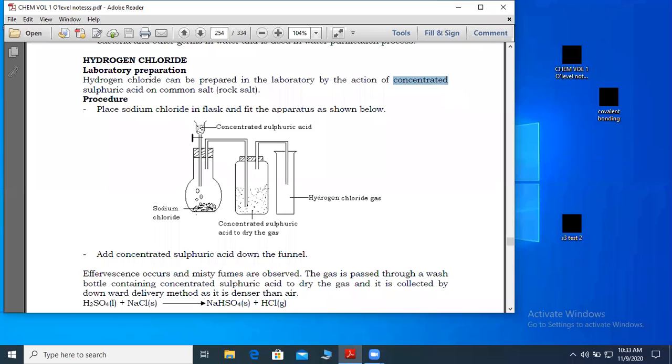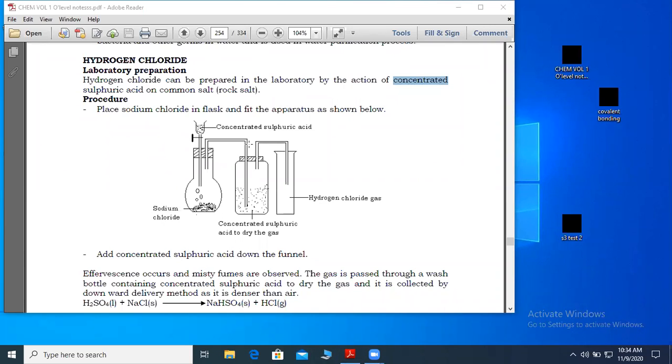I repeat, sulfuric acid must be concentrated, and common salt. This is sodium chloride. So the two reagents that are used to prepare hydrogen chloride gas, I repeat, the two reagents are concentrated sulfuric acid and sodium chloride. No student of chemistry should ever forget that.